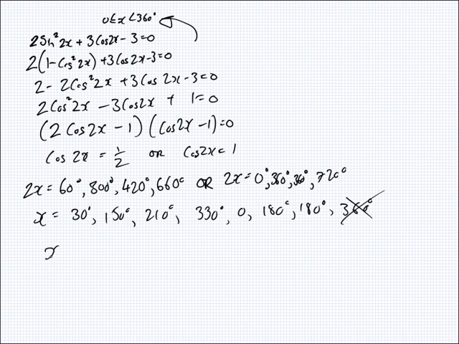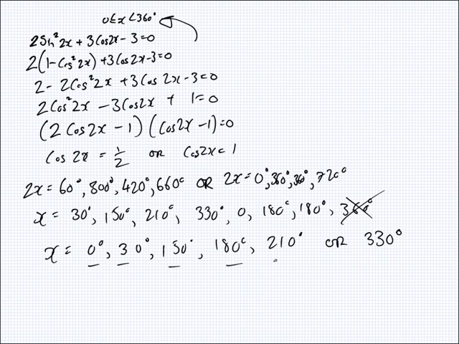So we end up now with x equals 0. Let's do it in order: 30, 150, 180, 210, or 330. 1, 2, 3, 4, 5, 6 answers for this one. Okay, write that down, please.